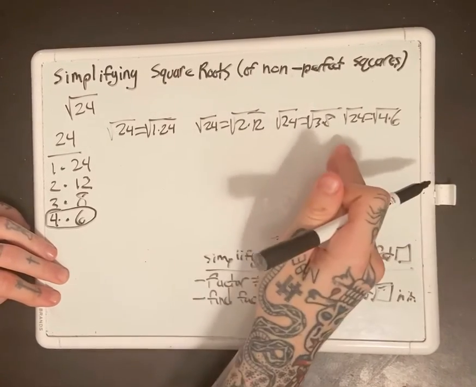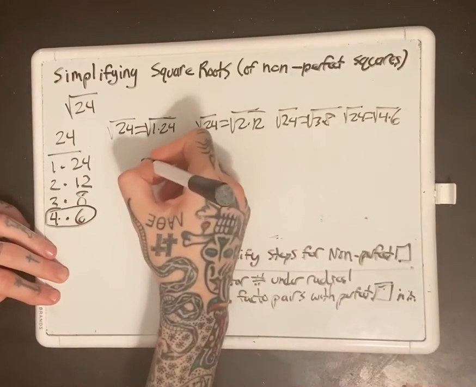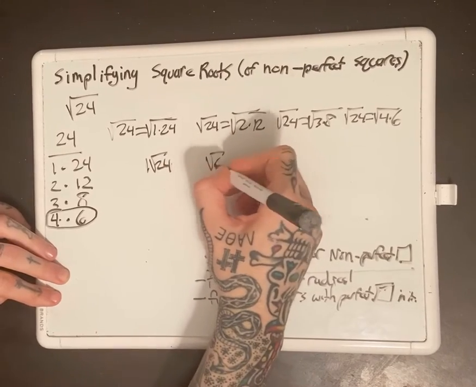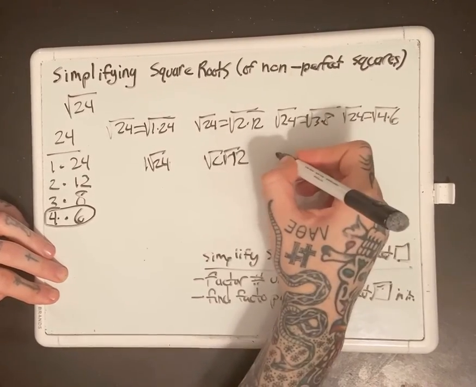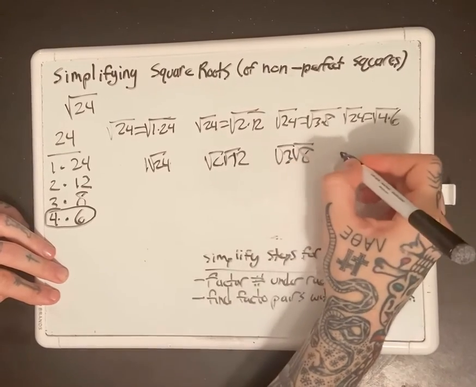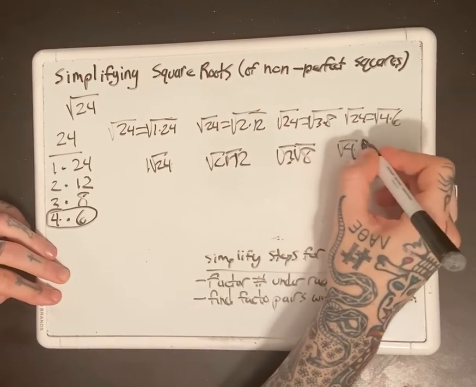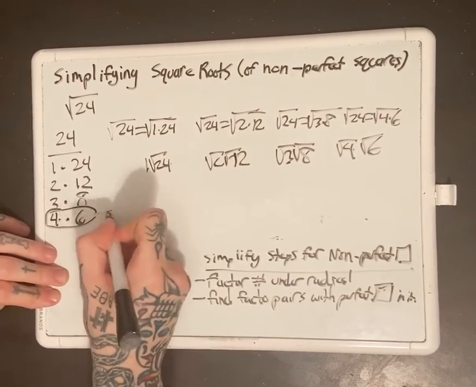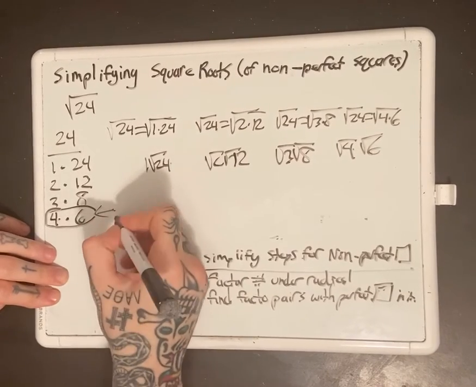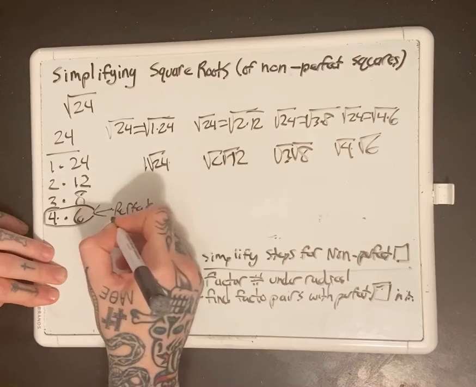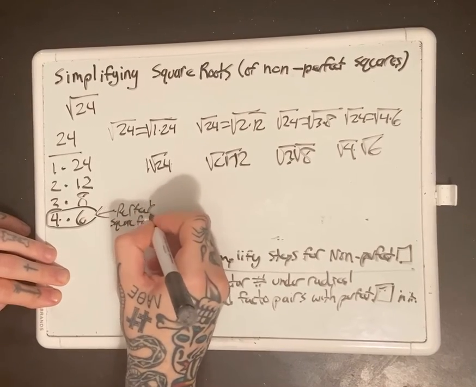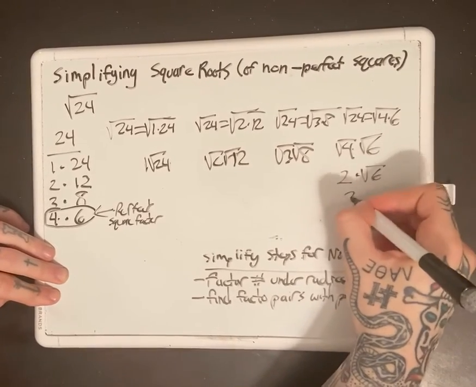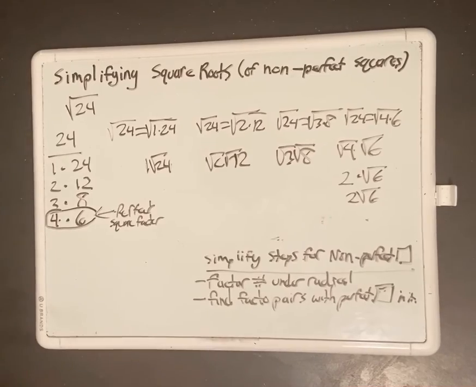But if we simplify all these, we're still going to get the same thing: square root 24, square root 2 times square root 12, square root 3 times square root 8, and then finally square root 4 times square root 6, because we already knew that had the perfect square. Perfect square factor, so that becomes 2 times square root 6, so we get 2 square root 6 as our simplified term.